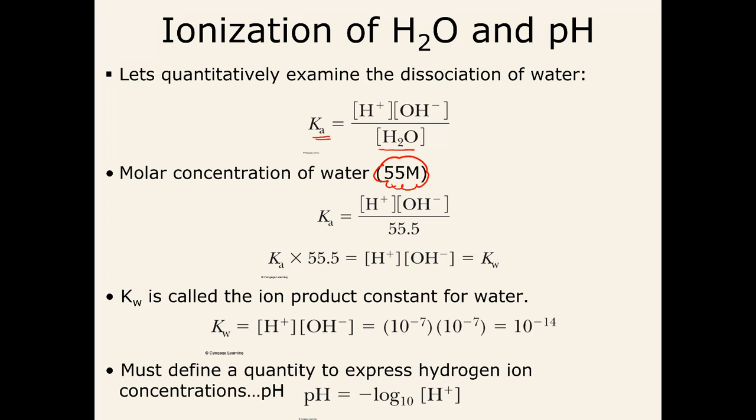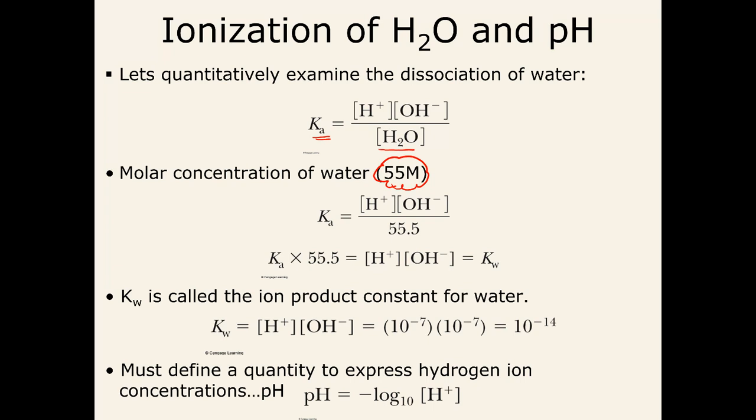You won't need to know this part, but I just want you to know where that comes from. I mentioned in the previous PowerPoint that the concentrations of solids and liquids are really large and end up being like a constant.